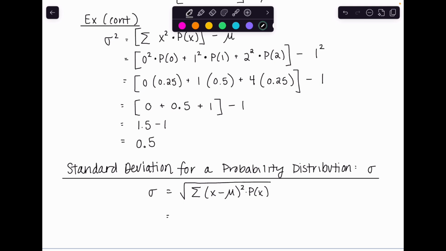But again, that inside formula is much simpler. We go ahead and sum up x squared times the probabilities, and then we subtract the mean squared, and then from there we take a square root, okay?